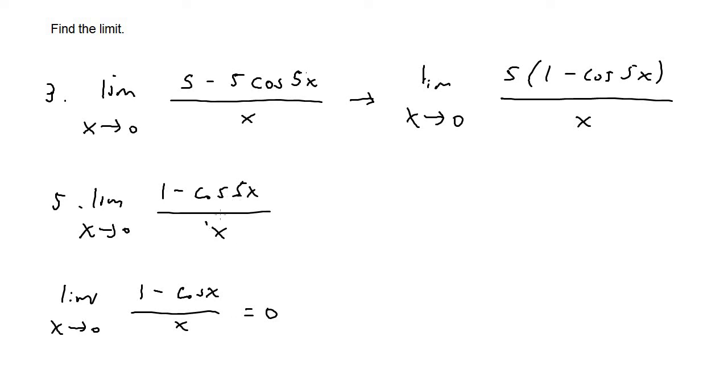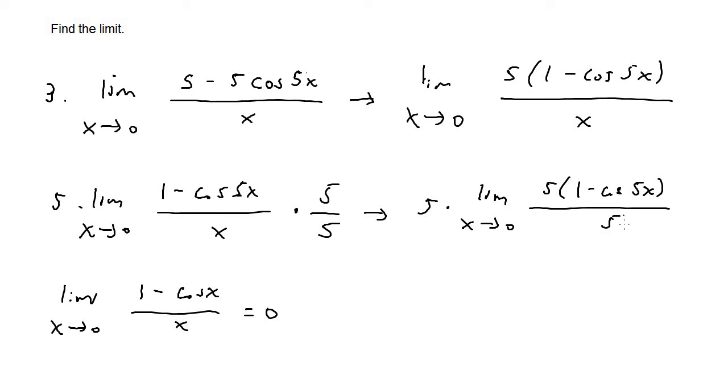So we need a 5, so I'm going to multiply by a clever form of 1 and multiply by 5 over 5. So then we get 5 times the limit as x approaches 0 of 5 times 1 minus cosine of 5x over 5x. 5 is a constant, so I can bring that outside and multiply by that other 5.